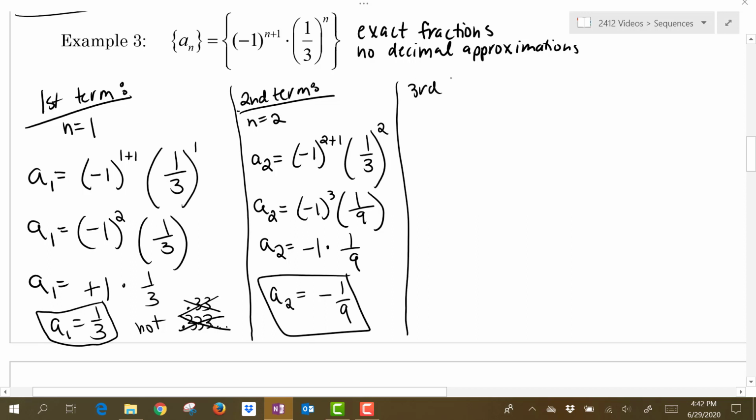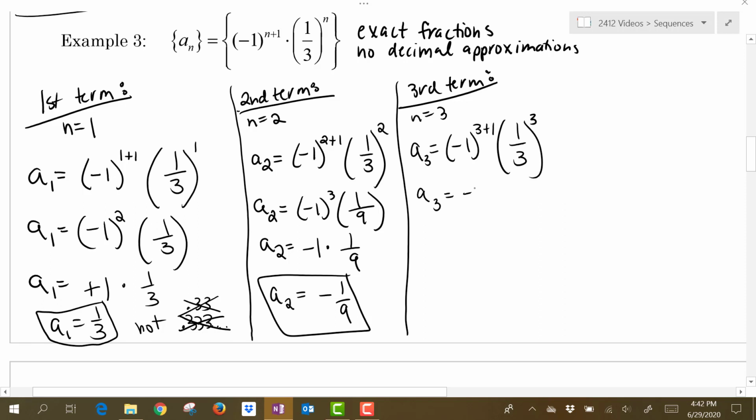All right, so what is the third term of our sequence? We're going to set n equal to 3. So a sub 3 is equal to (-1) to the power of 3 plus 1 times (1/3) to the power of 3. So that's (-1) to the power of 4. Cube the top, 1 cubed is 1.